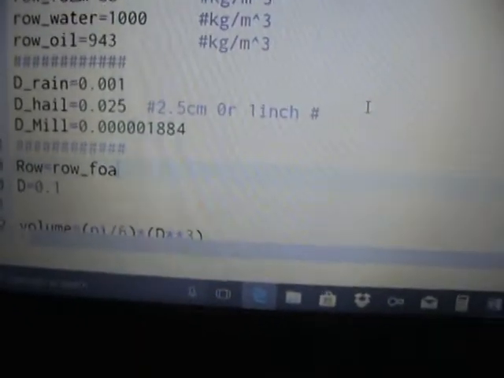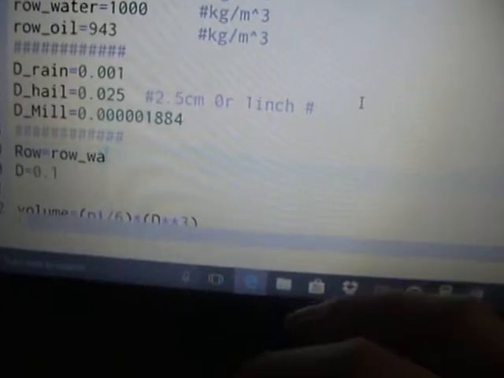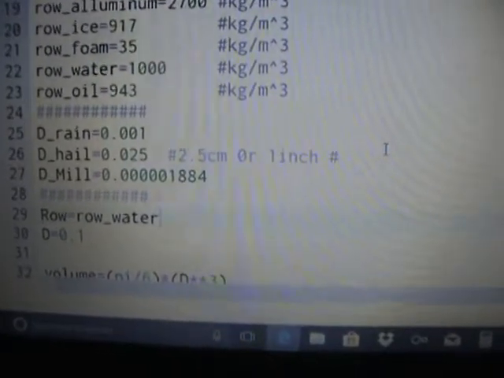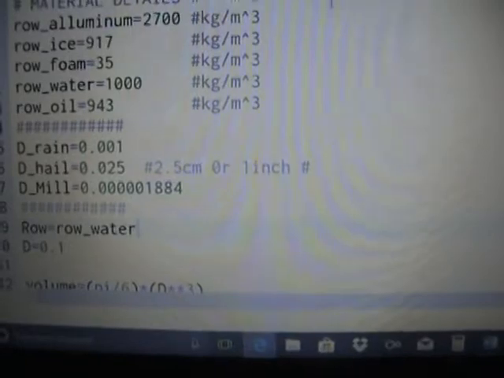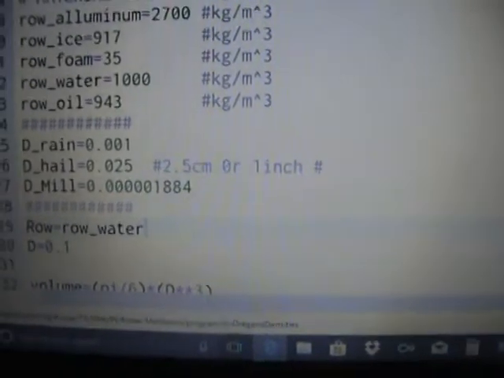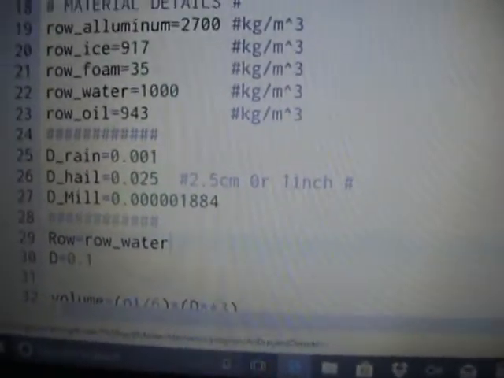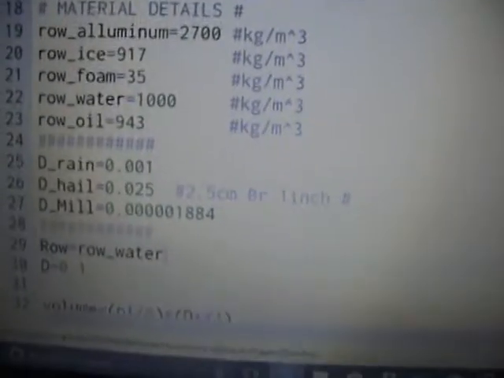Now let me, this is water. So you can imagine maybe a water balloon of some sort, assuming it keeps its shape, but for simplicity it's just water right now.